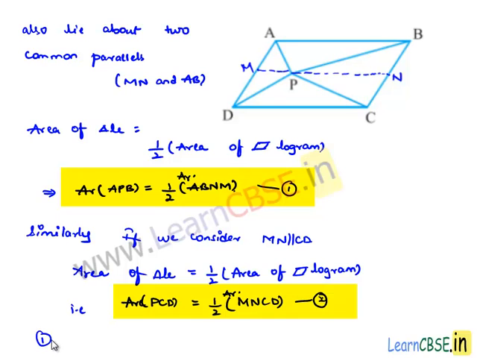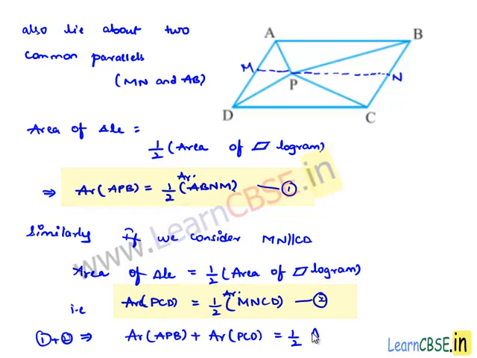Now by adding 1 and 2 we get area of triangle APB plus area of triangle PCD is equal to half times area of ABNM plus half times area of MNCD.